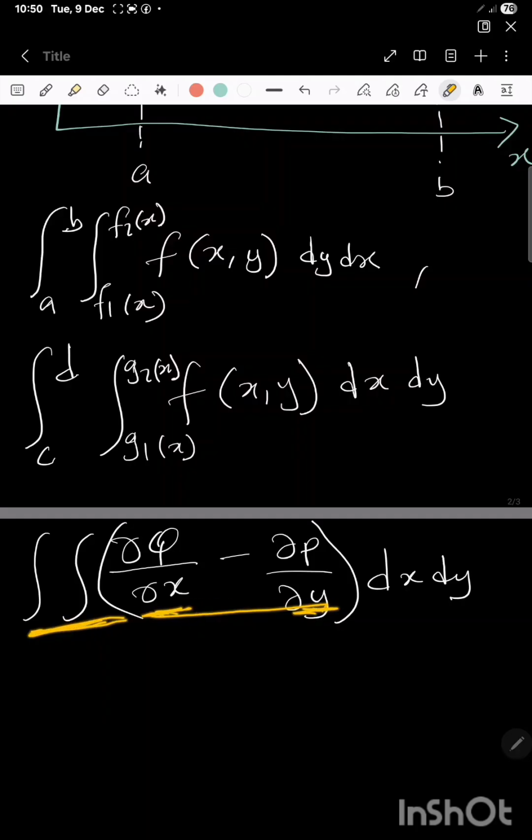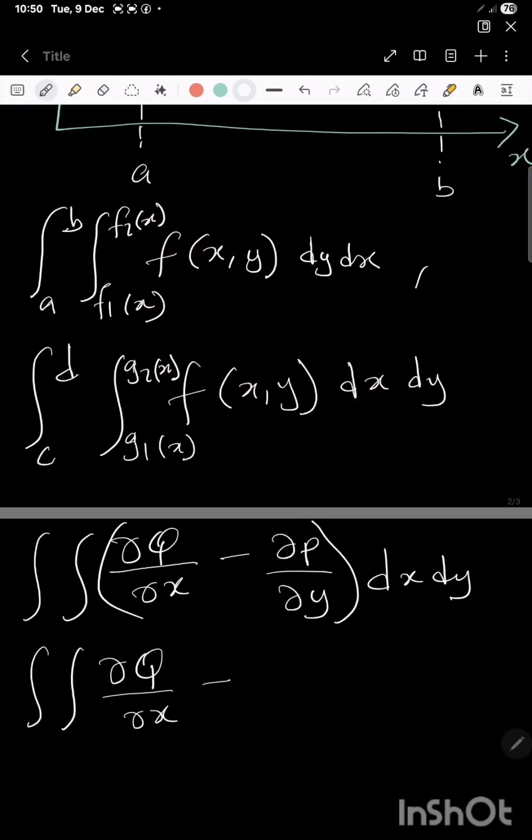So multiplying this with that, you are going to have the double integral of ∂Q/∂x minus, we multiply also the double integral to the ∂P/∂y. We are going to have also the double integral of ∂P/∂y, like that, and then we put the dx dy.